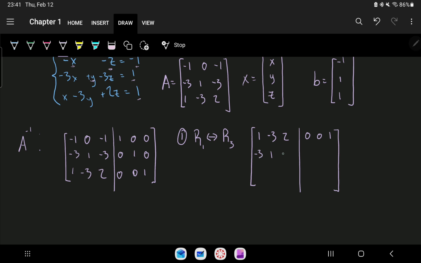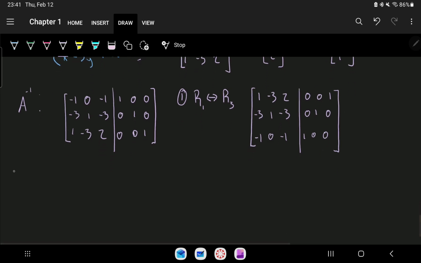So we want to manipulate the left-hand side, and in doing so, start to change the right-hand side. All right, from here, you can do 3 times row 1 plus row 2 is going to give us our new row 2. And R1 plus R3 is going to give us our new row 3.